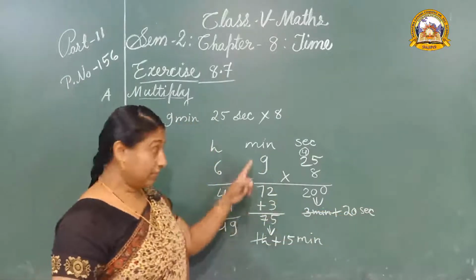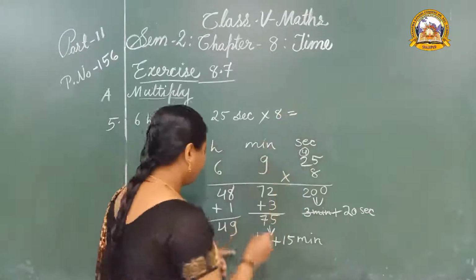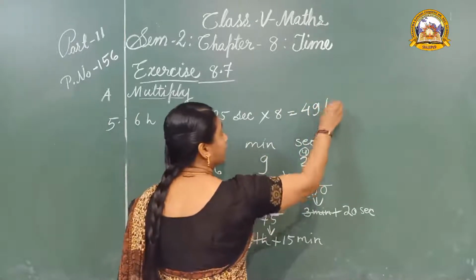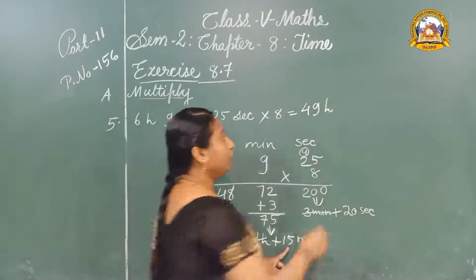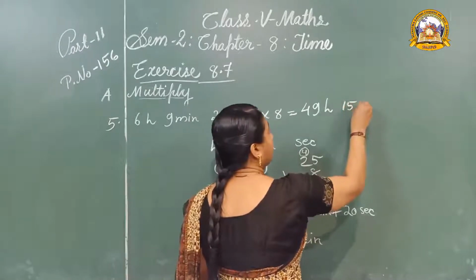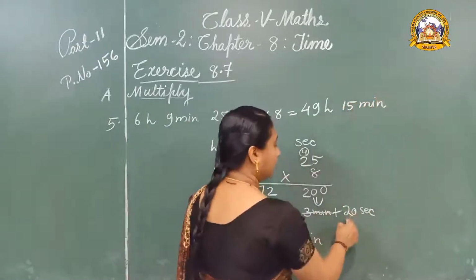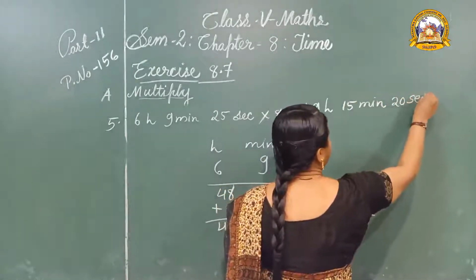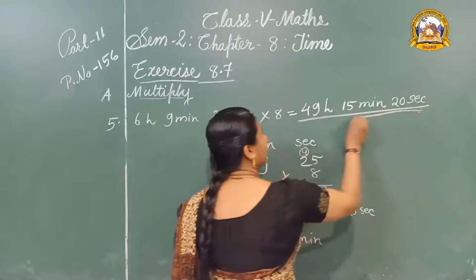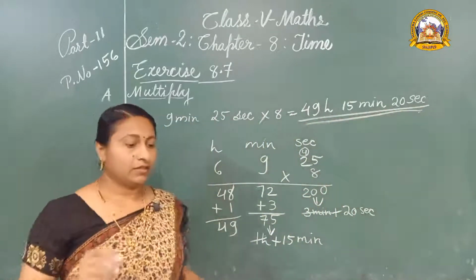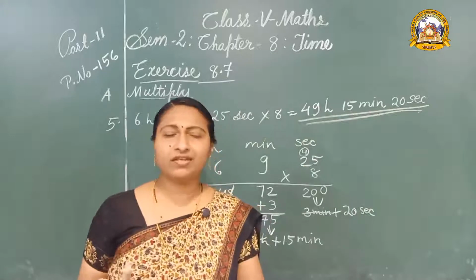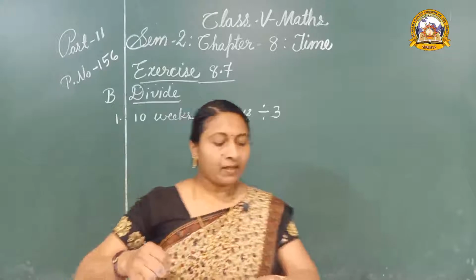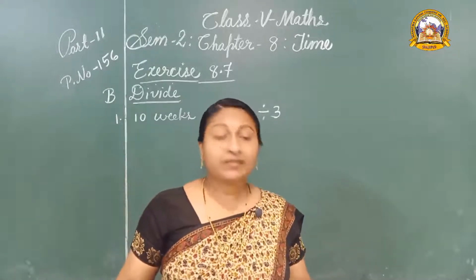Okay, so let us write, is equal to 49 hours, then 15 minutes and 20 seconds. Okay, it is the answer. Okay, the remaining works you can do. It is very easy work. Okay, you can do. Okay children, next portion B, division.